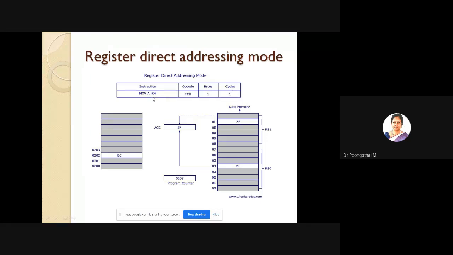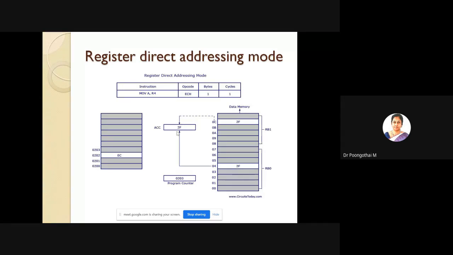So the opcode EC is stored in program memory at 202. After execution, your R4, which is bank 0 register 4, holds 2F data, so that data was moved into the accumulator.